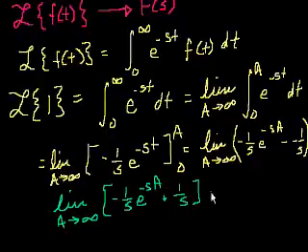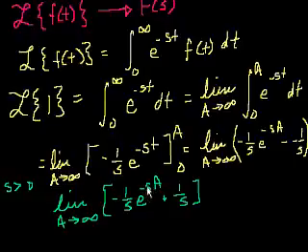So what's the limit as a approaches infinity? What's this term going to do? As a approaches infinity, if we assume that s is greater than 0, and we'll make that assumption for now, actually, let me write that down explicitly: let's assume that s is greater than 0. Then as a approaches infinity, this term is going to go to 0, right?